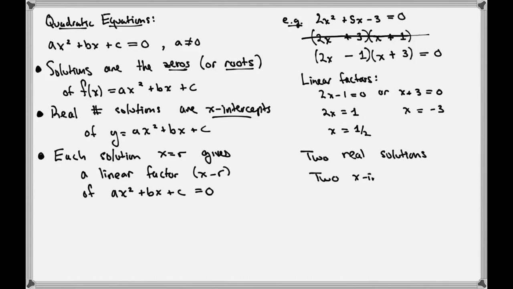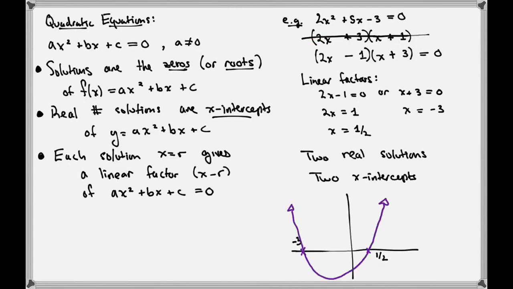If I plot this, we'll see the two x-intercepts at minus 3 and at positive 1/2. This parabola is opening upwards according to that coefficient of 2. And so this is y equal to 2x squared plus 5x minus 3. And you can even plot the y-intercept down here at minus 3.